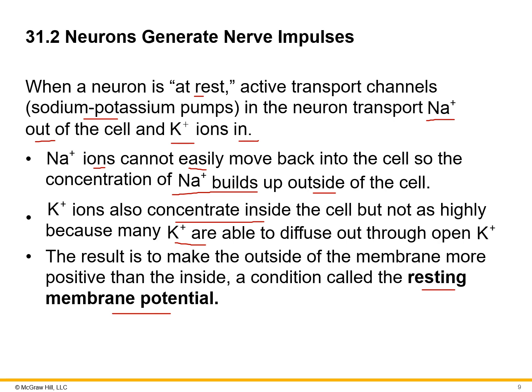And actually what happens is the outside of the cell is more positive than the inside. So if we think about a cell here, the inside is actually going to be slightly negative compared to the outside. And then the outside, of course, again, is a little bit more positive. So it creates this potential, this difference in electrical charge where it's more positive outside and more negative inside.